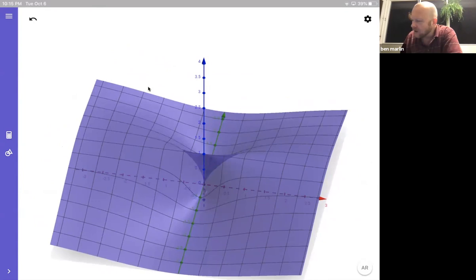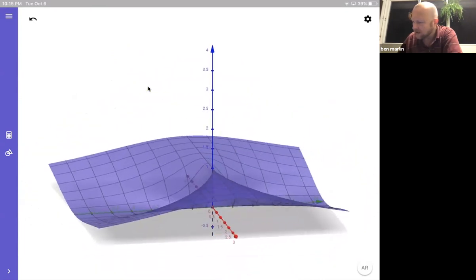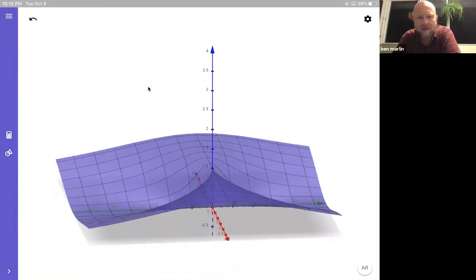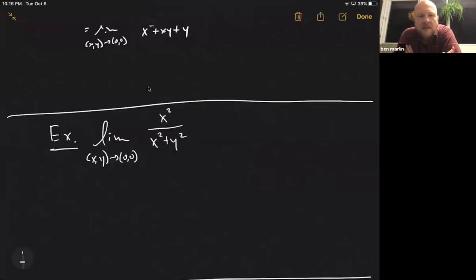Along that, on the top, you're getting stuff at the level of z equals 1. But along the y-axis, the green one, it looks like you're getting stuff along z equals 0. So that suggests that coming into (0, 0) from two different directions gets you two different answers, and that says that this limit does not exist.